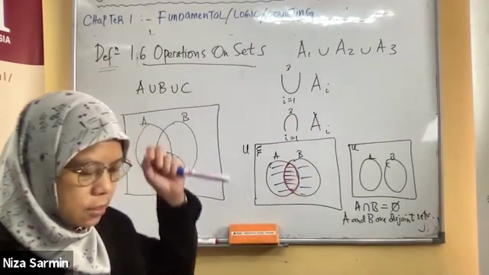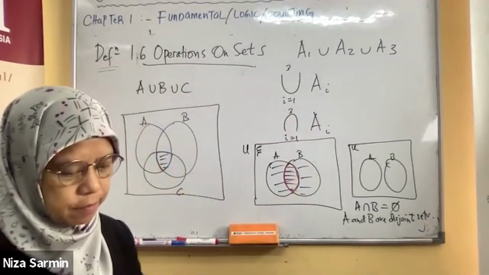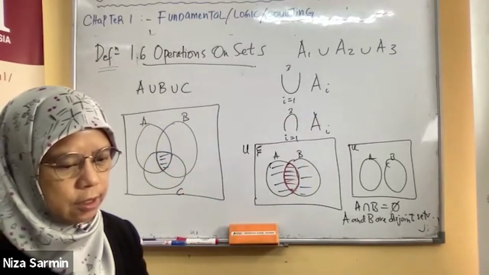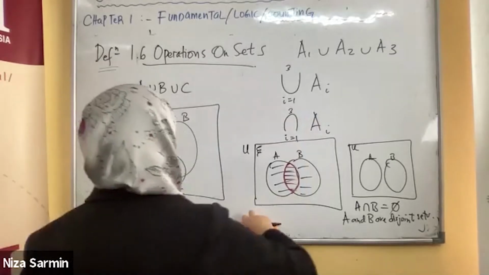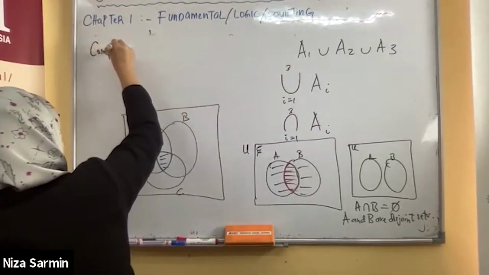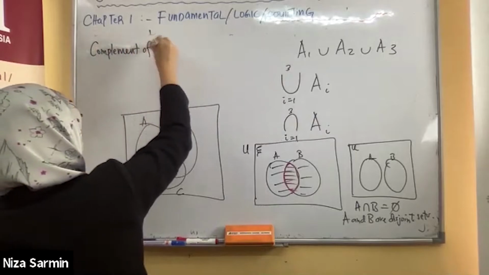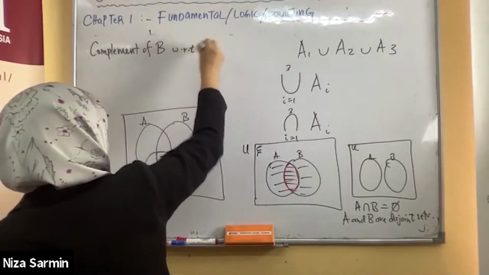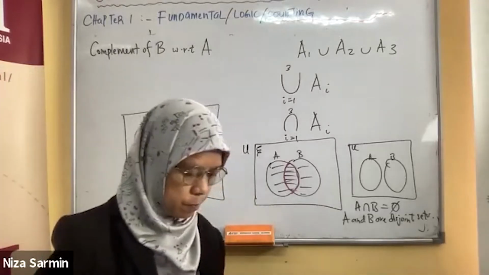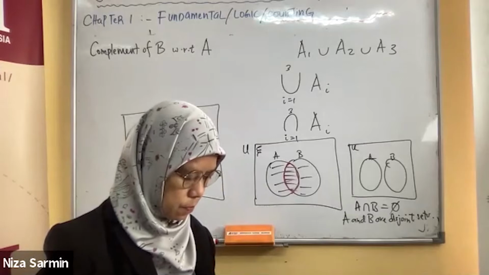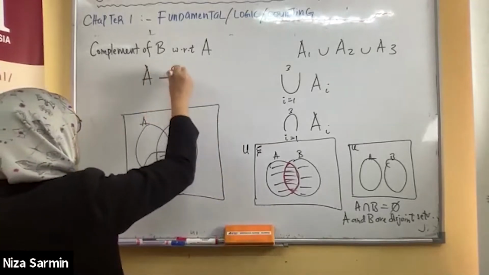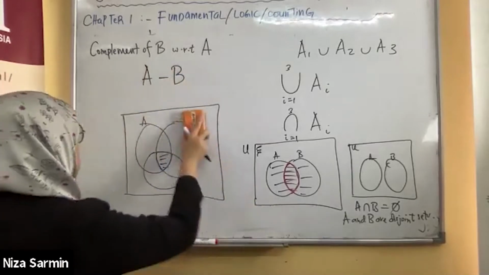Okay. Next is the complement. Complement of B with respect to A. Complement of A with respect to A. Okay, and this is called A minus B. Right?